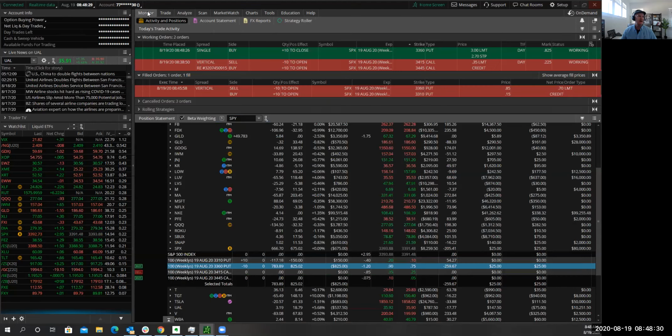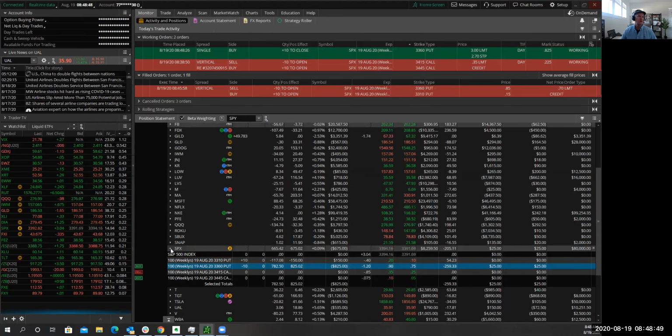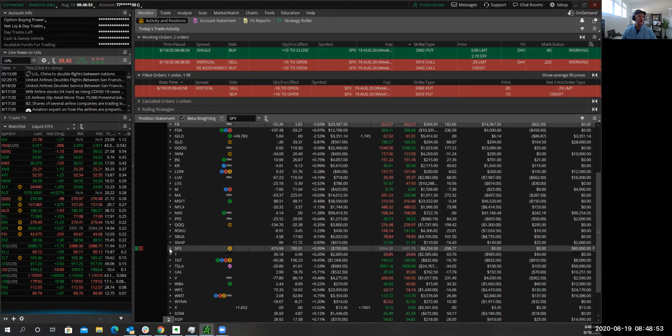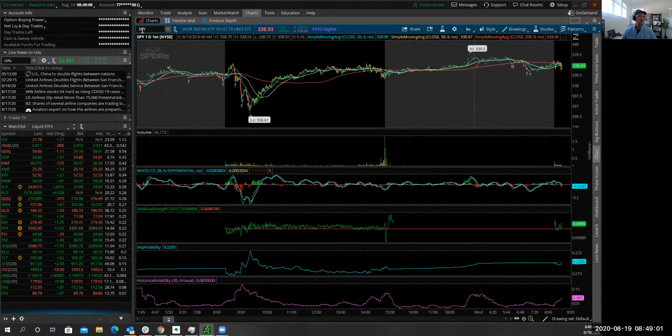So now I have that spread on the puts, and I've got a stop loss on the short side. It shows you that currently the mid price of that is 85 cents. And that one trade gave me positive 664 beta weighted deltas. So you can see I was neutral, and now all of a sudden my account becomes bullish just because of that one trade, because SPX is such a large underlying.